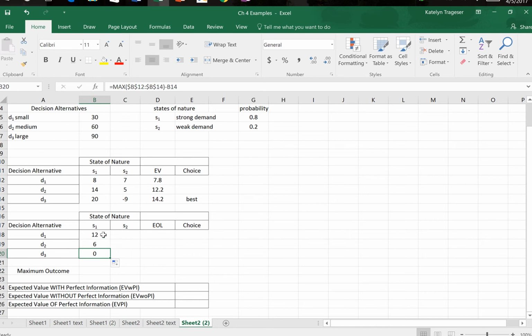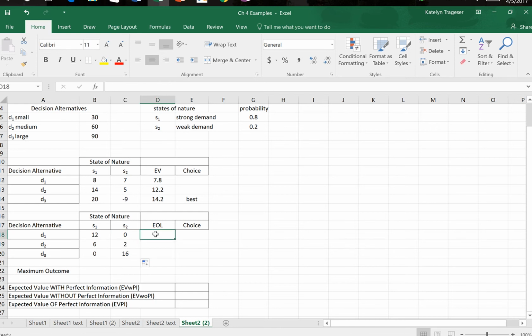We want to do the same thing for this column. However, we need to change this a bit. We want to be in column C now. We need our second state of nature.